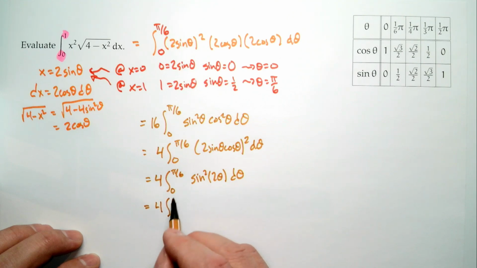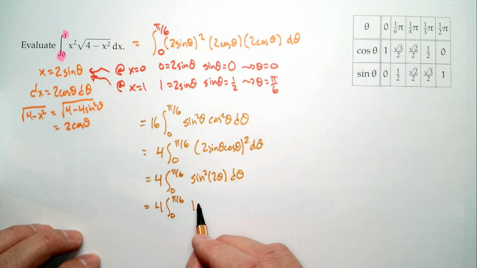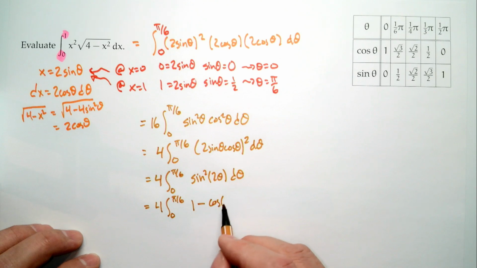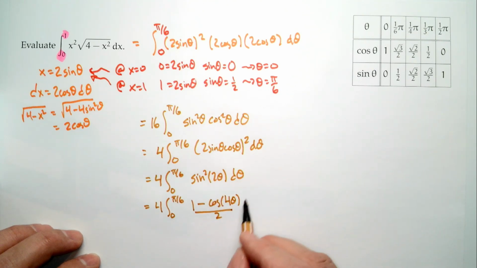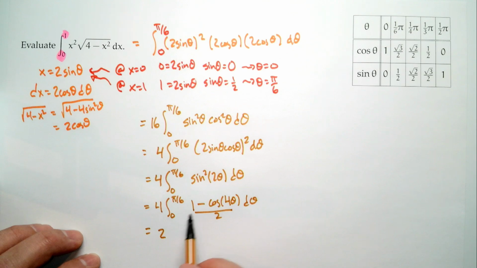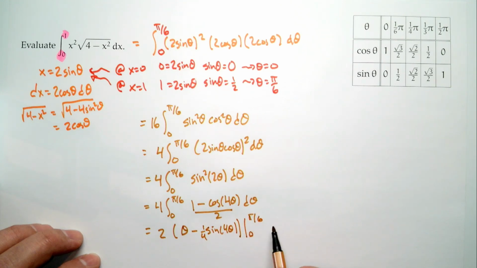So 4 integral from 0 to pi over 6 of 1 minus cosine of the double angle, 4 theta, all over 2. The 4 and the 2 give us 2. Then we integrate: the integral of 1 is theta, and the integral of cosine 4 theta is sine of 4 theta times a fourth, going from 0 to pi over 6.